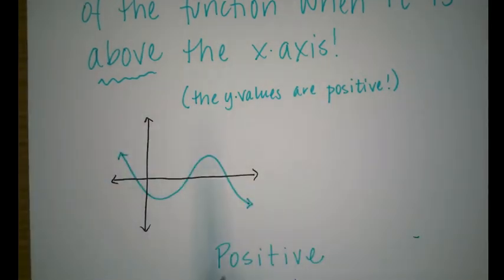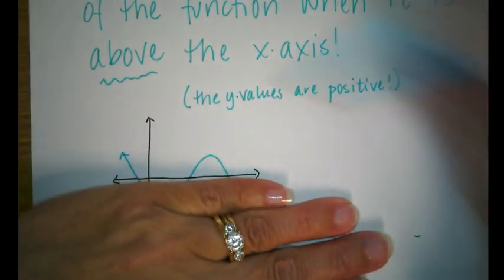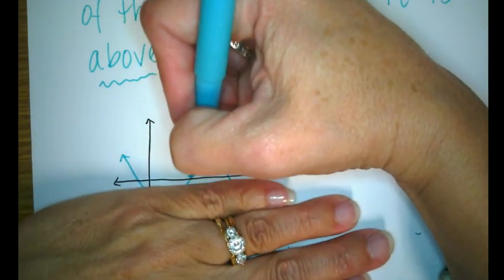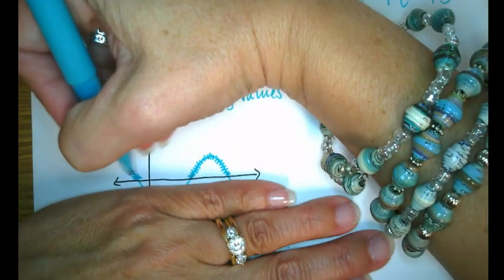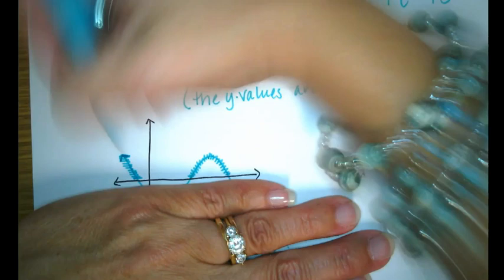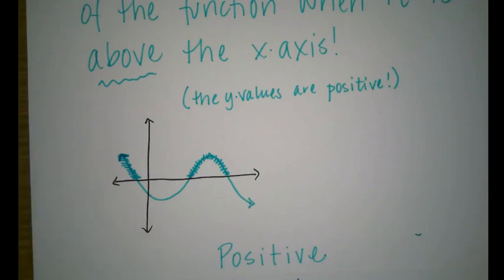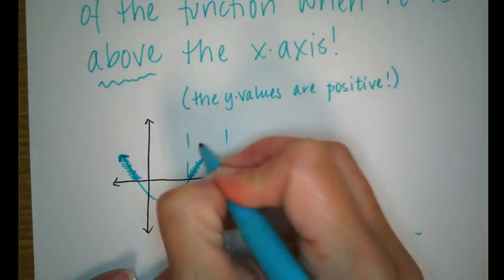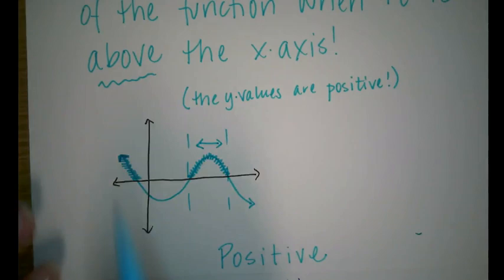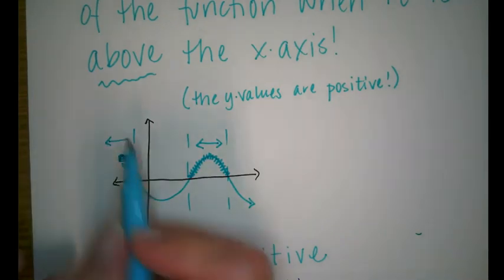When I'm looking for the positive areas of the graph, I want to know when is the function above the x-axis, and it is above the x-axis right here, and it's also above the x-axis over here. Now, I know that the y values are positive. The y values are above the x-axis. So what I'm saying is that they are above the x-axis between there and there, and then it is above the x-axis from there to there.